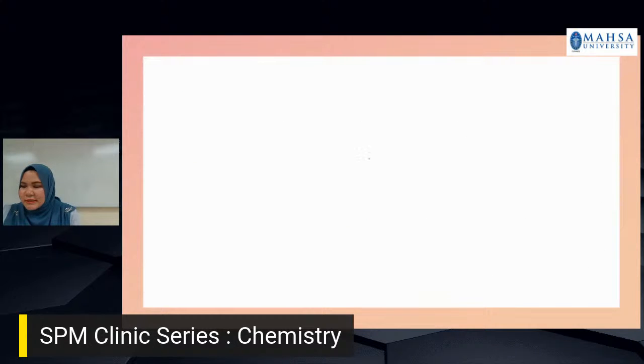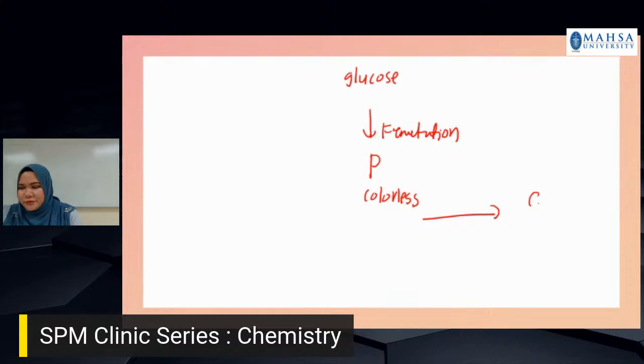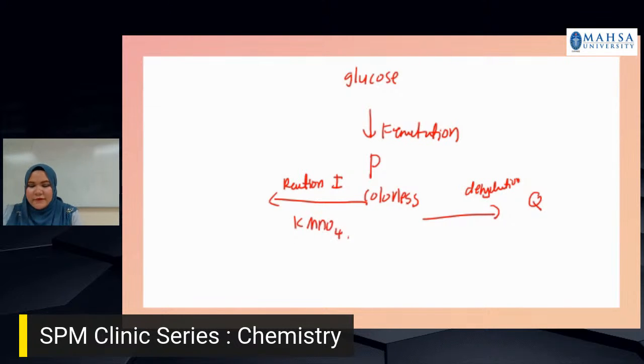P will be colorless, and for glucose, the process is fermentation, and after that you have Q, which will be dehydration, and then you have reaction 1, and then you can see acidified KMnO4, and then we produce compound R.